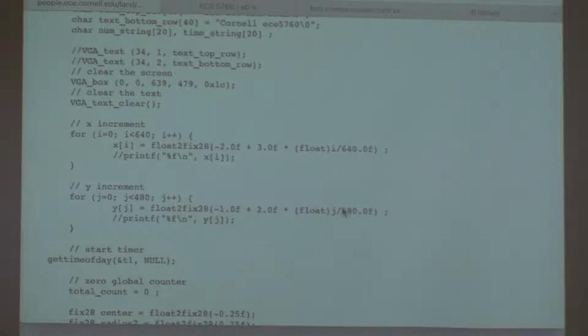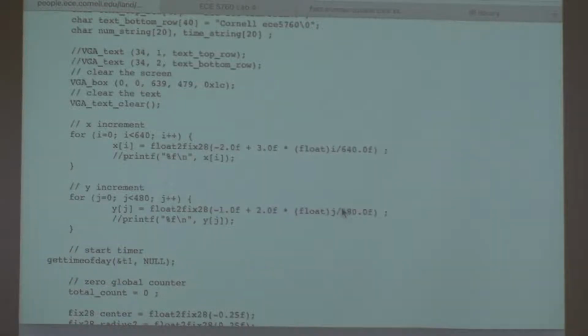And I was timing this by using the Linux get time of day call. It's very handy.